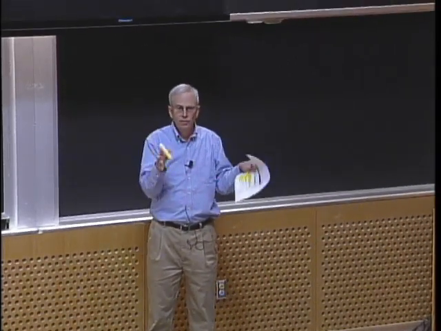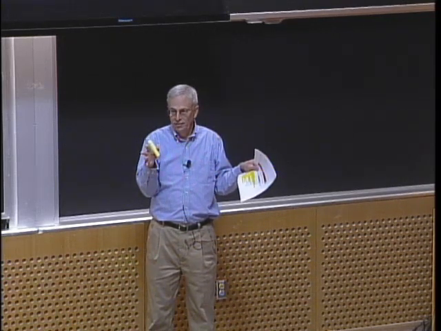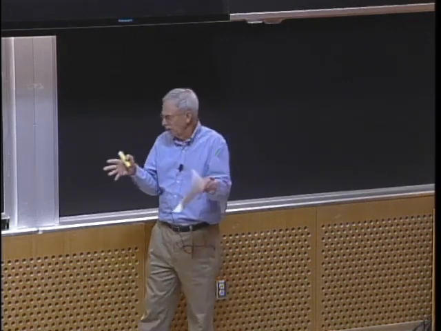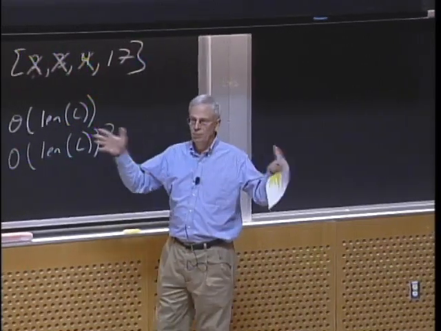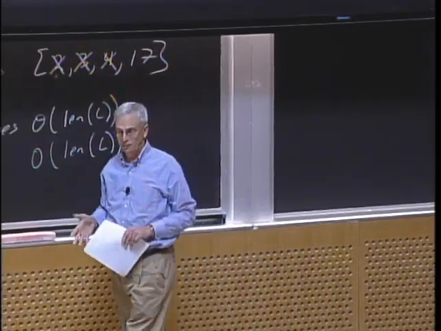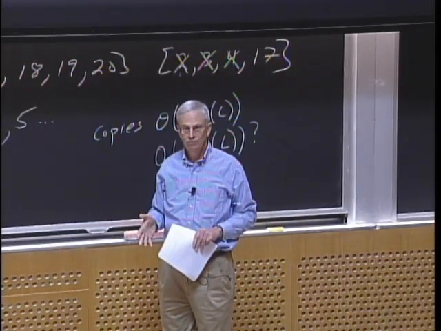Well, those are all sorted, trivially sorted. And then I'll have, at the end, a bunch of lists of length 1. I'll merge pairs of those. Now I'll have sorted lists of length 2. Then I'll merge those, getting sorted lists of length 4, until at the end, I'll be merging 2 lists, each half the length of the original list. Right? That makes sense to everybody?